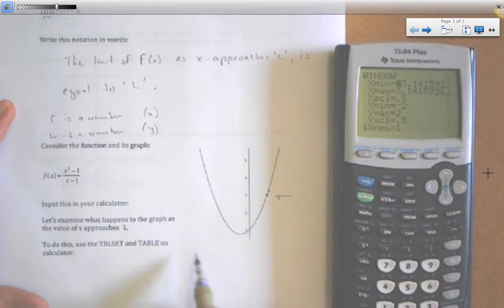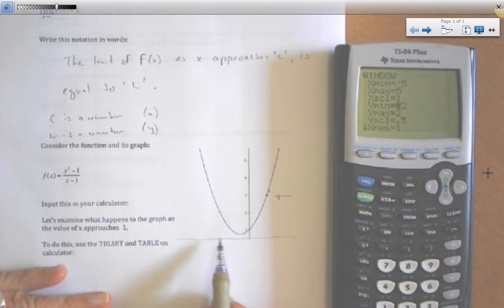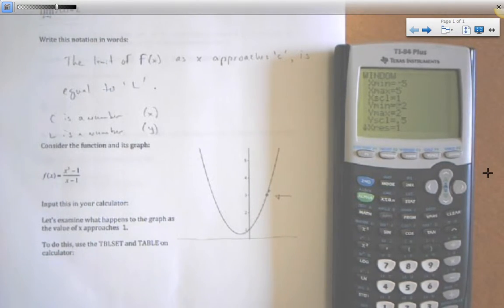Notice that it really doesn't seem to go very wide. It doesn't go from negative 10 to 10. So let's just go from negative 5 to 5 and let our x scale be 1. Our y minimum, it doesn't appear to go below the x-axis, so let's let our y min be 0, our y max 8, and our y scale 1. All right, let's graph that.